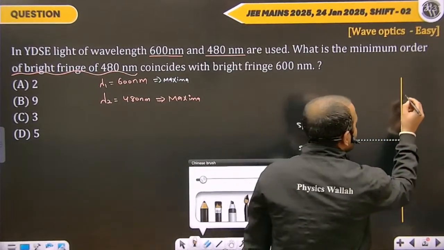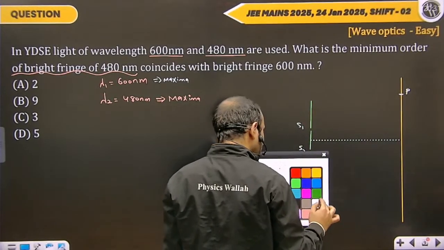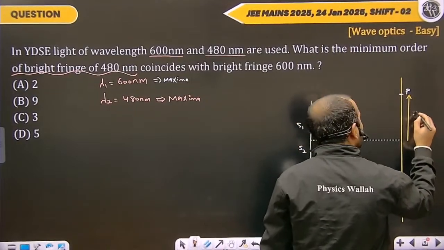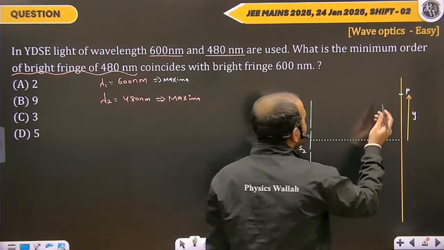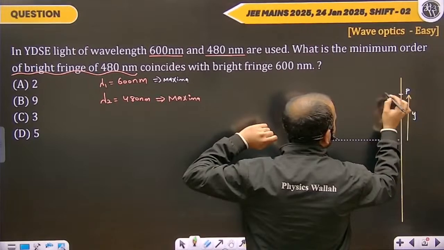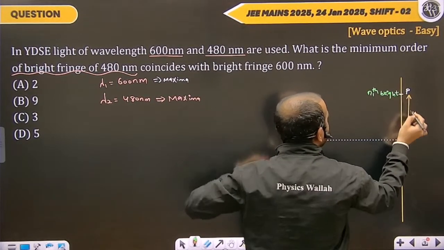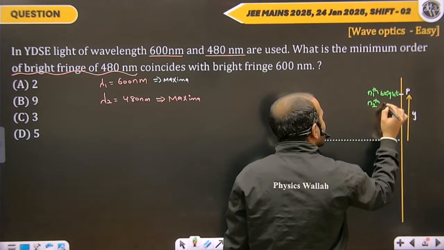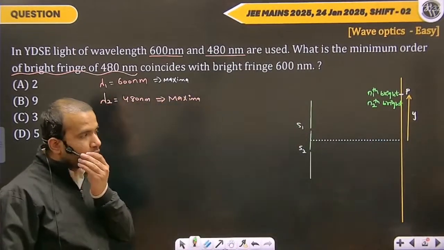Let us say this is point P, at a certain distance Y. At this point P we have two bright fringes. One bright fringe is due to lambda 1, let us say the n1th bright due to lambda 1, and at the same point we have the n2 bright fringe due to lambda 2. So the Y value is the same.